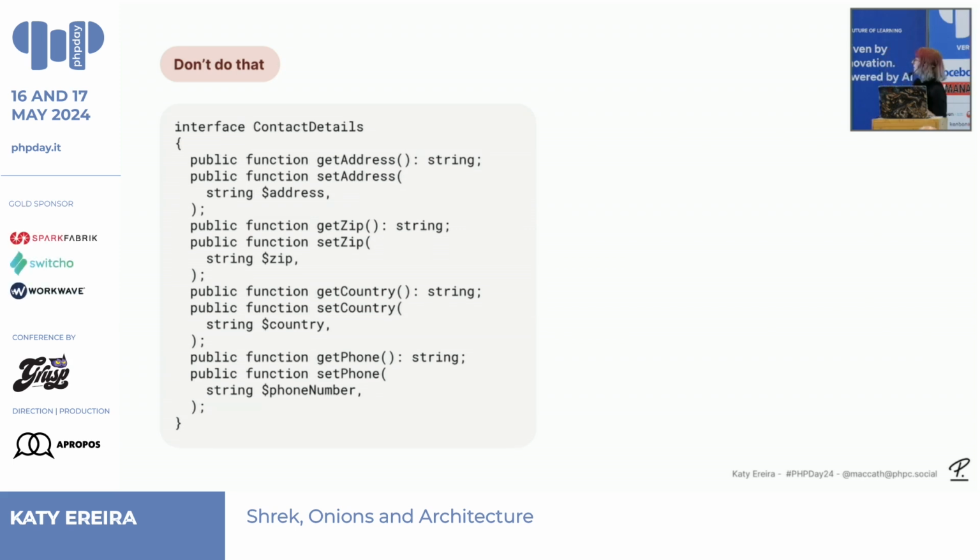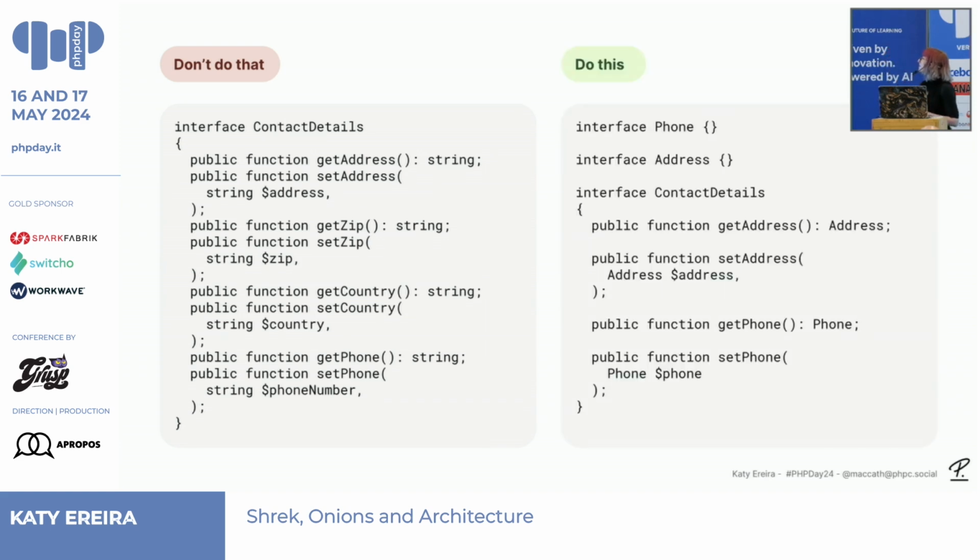In this example, we have a lot of getters, and they're all returning a kind of scalar type. But this is a really great place where we can use some value objects. As I said earlier, value objects are identified by their properties. They don't have an ID and a lifecycle of their own, but the real benefit of using value objects instead of strings and scalars is that they can be validated.